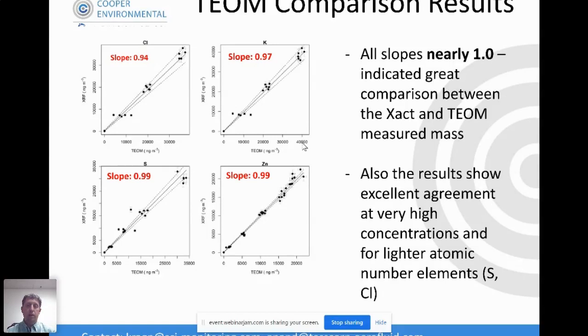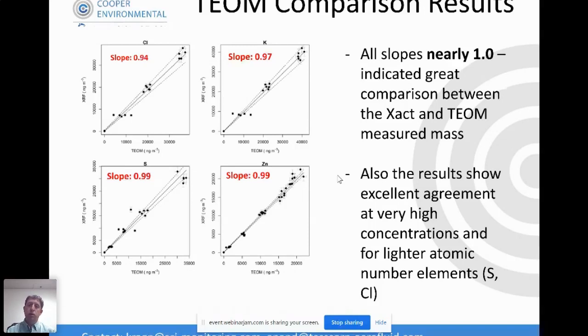You have concentrations going up to about 40,000 nanograms per cubic meter for potassium, about the same for chloride. And then for sulfur, you're seeing concentrations up around 35,000, and for zinc, concentrations up around 20,000.